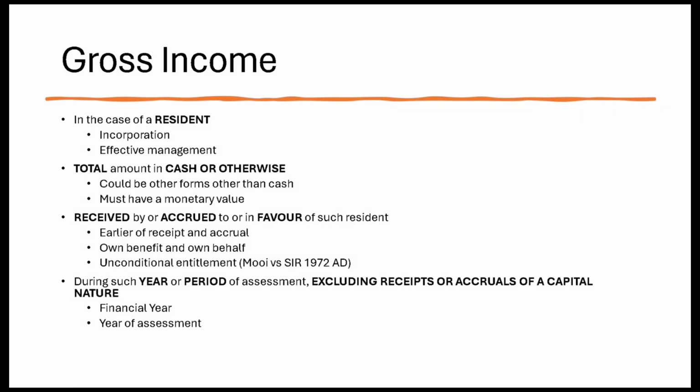And then it has a specific exclusion, and it says excluding receipts or accruals of a capital nature. This is a very difficult concept, but also a very simple concept once you get the hang of it.